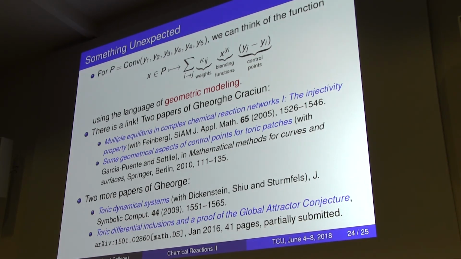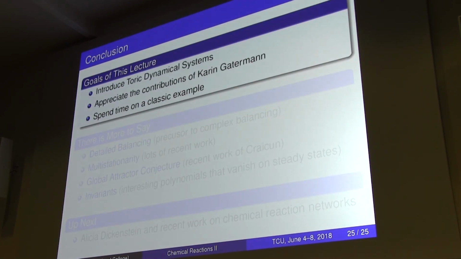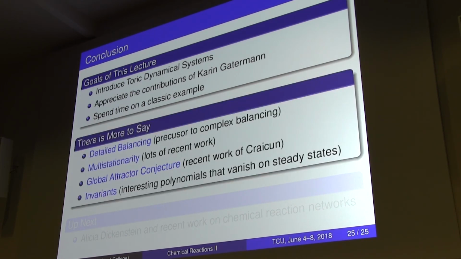So it's a really fascinating collection of material. What I've hoped to do is introduce toric dynamical systems, appreciate Karen's contributions, and show you what happens when you have a really good example that you can illustrate a phenomenal amount of stuff. There's a lot more to say. There's a concept called detailed balancing that's a precursor to complex balancing.